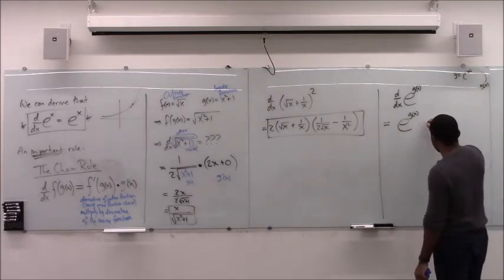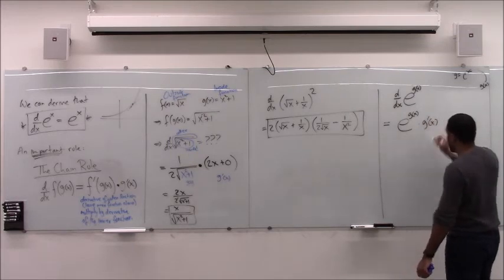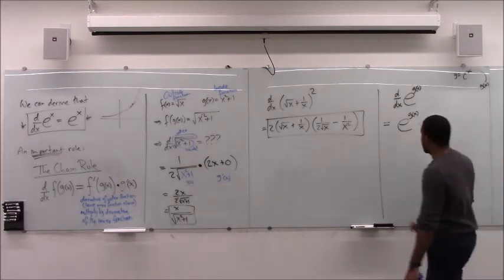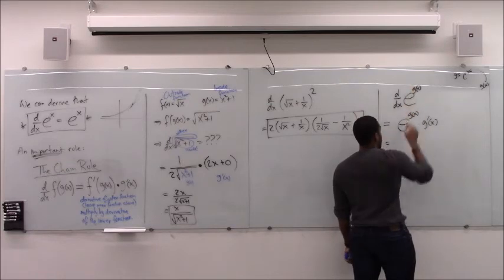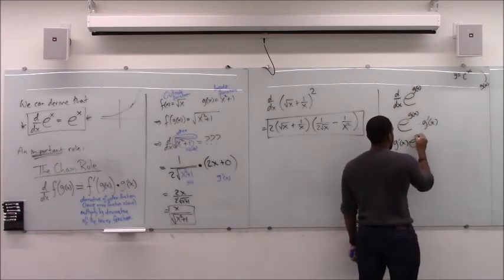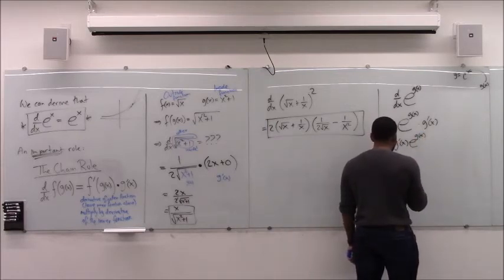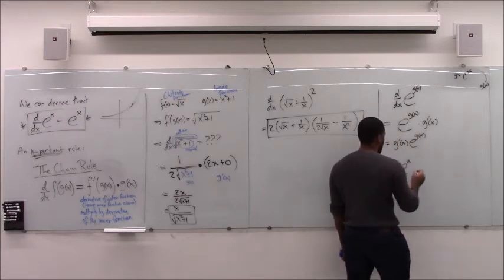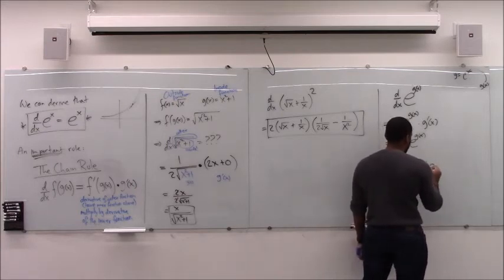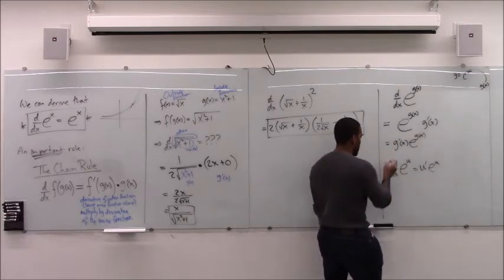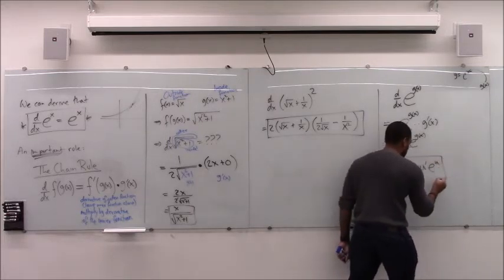According to the chain rule, you'd multiply by the derivative of the inside function. So in other words, the derivative of e to some function is the derivative of the function times the original function. The rule is usually stated with u's: the derivative of e to the u is u prime e to the u. And that's another rule that we know now.